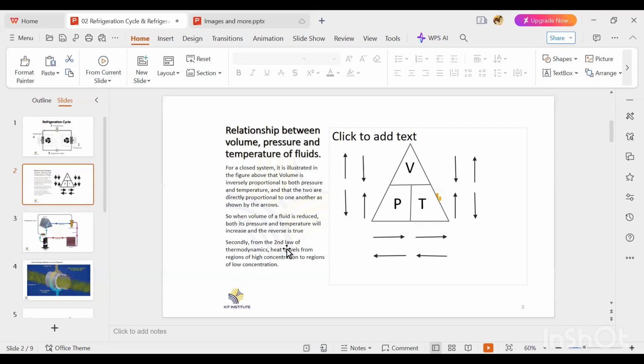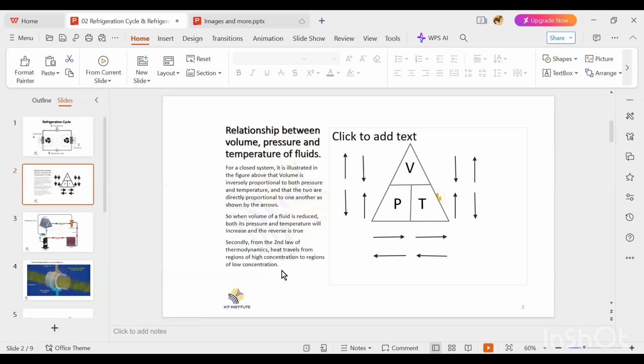So this means that heat will leave regions where it is of a high concentration to go to regions where it is of a low concentration. So hot goes to cold. You understand?